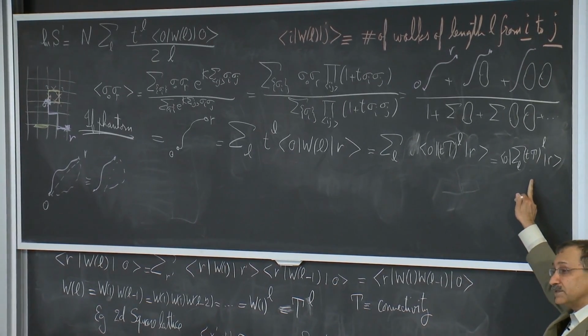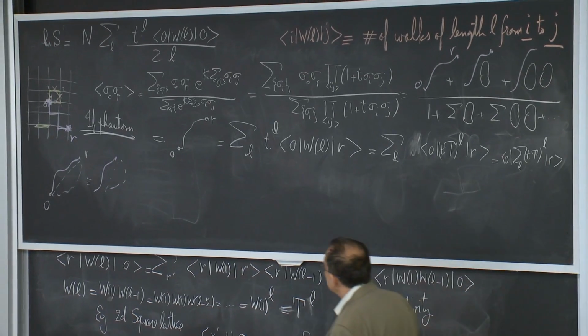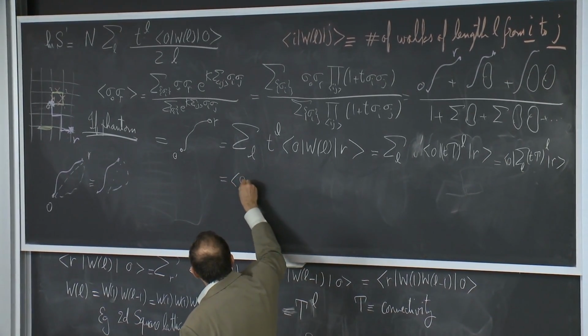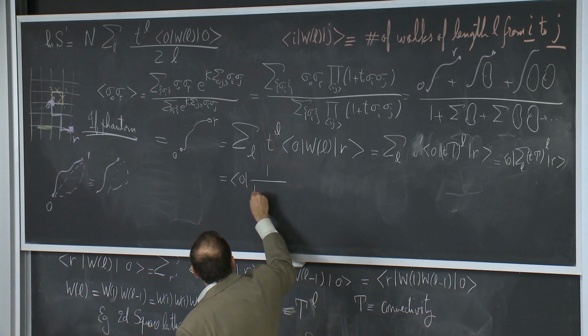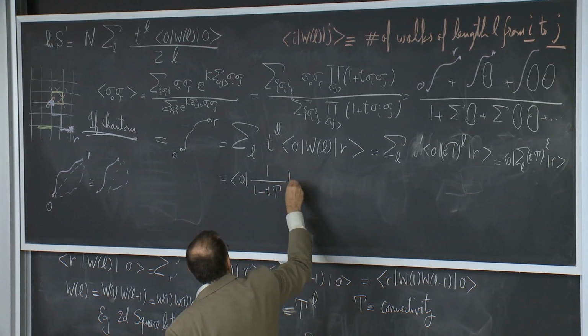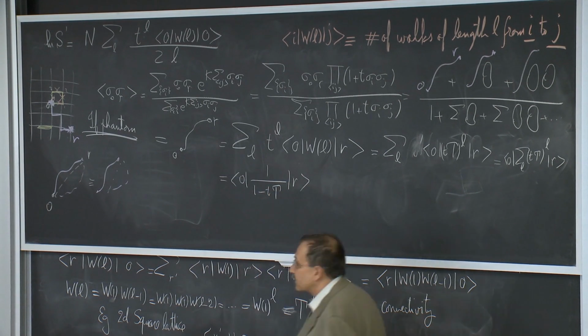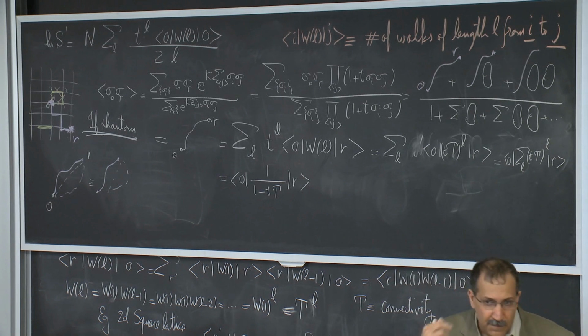This is a geometric series. We can immediately do the geometric series. The answer is 0, 1 over 1 minus tT, going all the way to r. Okay?